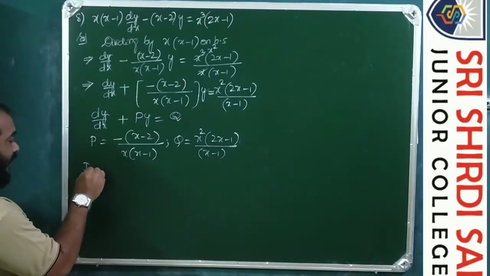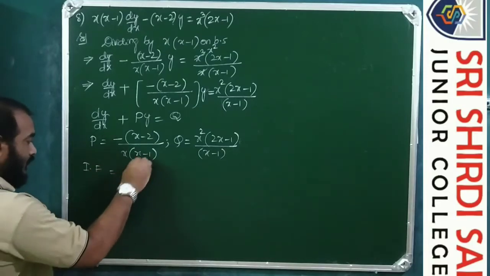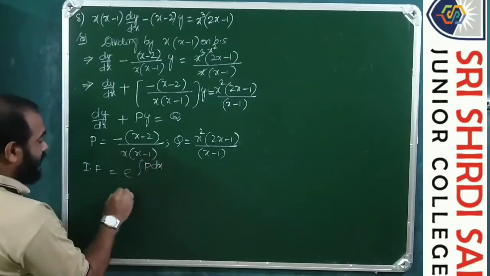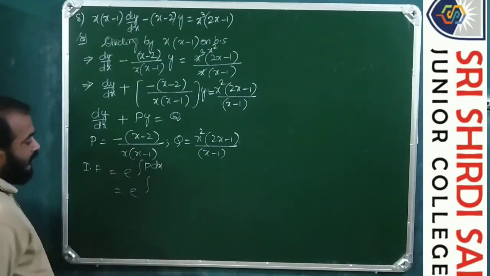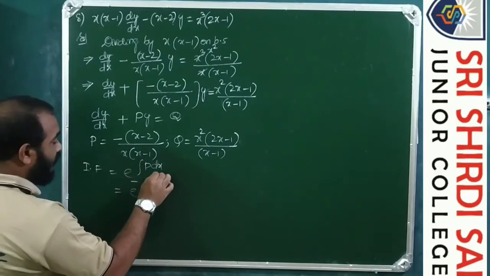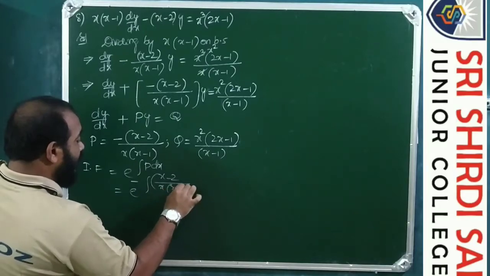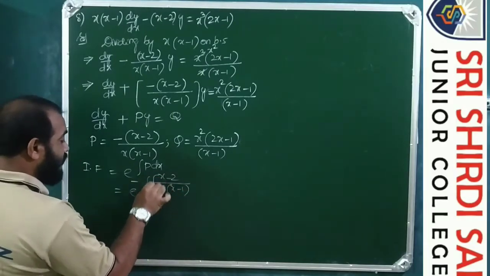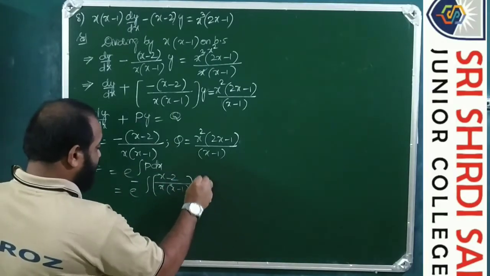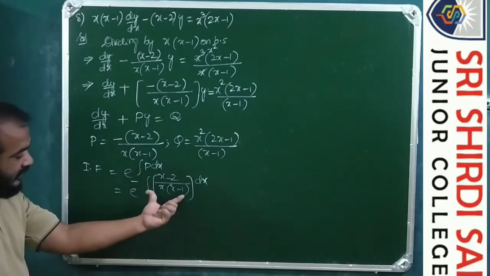Now integral factor is equals to e power integral p dx. E power integral p value is minus of x minus 2 by x into x minus 1 dx.